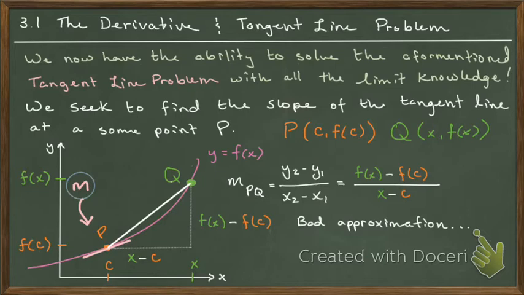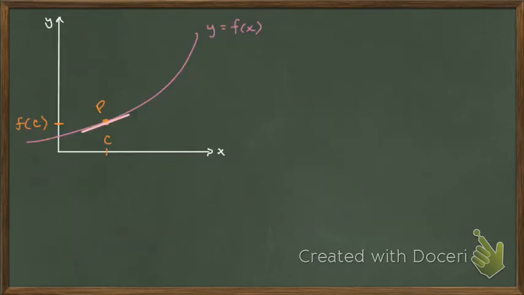So we want to make this approximation better, and one of the ways we do that is by moving Q closer to P. So again, here's my new picture. Same idea, but this time I'm going to choose Q so that it's closer to P. I'm going to slide it towards P. We see the slope between these two as being a better approximation of the slope at P. So the slope between P and Q now is better than it was before.